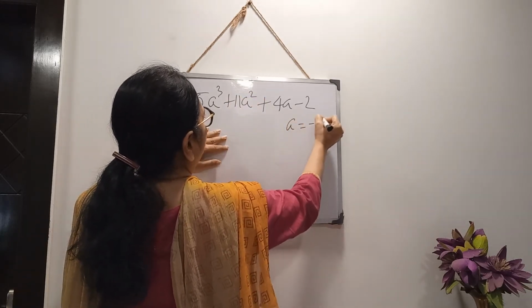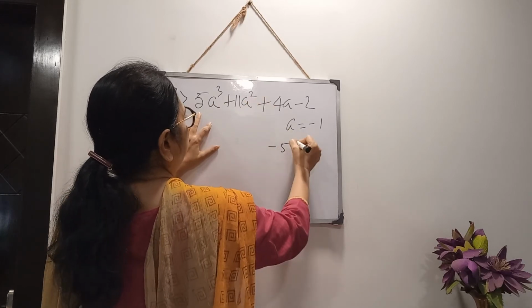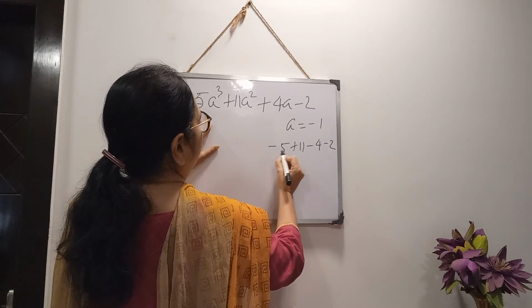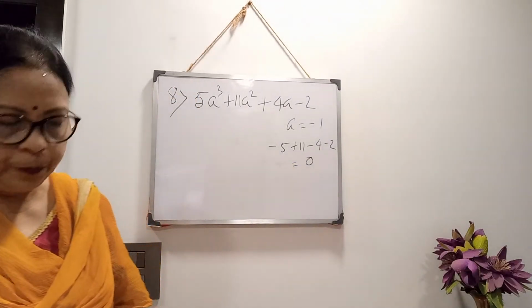If I put a equals to minus 1, check. It is coming minus 5, it is coming plus 11, minus 4, minus 2. So 5, 9, 11. Yes, it is coming 0.